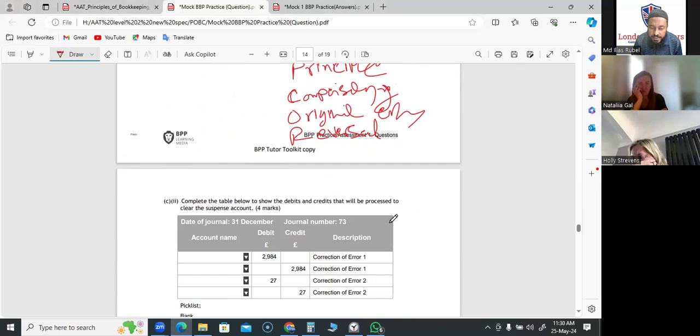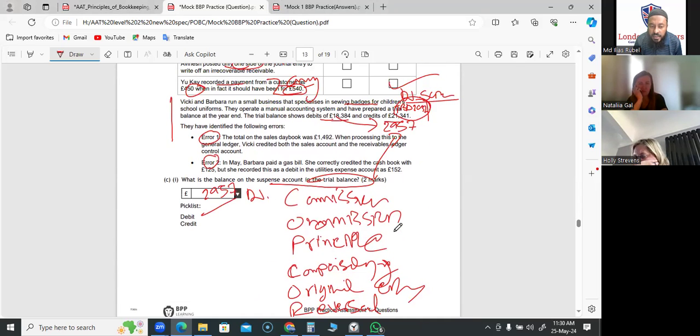there we go. In number C, there are a couple of corrections here. Look at this. Total of the sales daybook was this. When processing this to the general ledger, Vicky credited both sales account and receivables account. You see, sales credit is fine, but receivables cannot be credit.